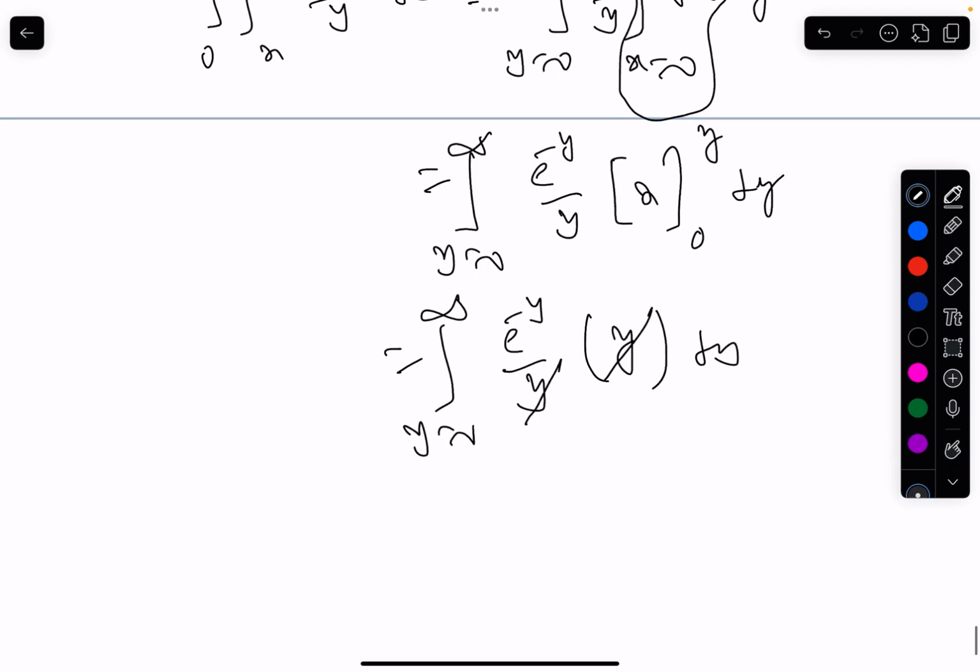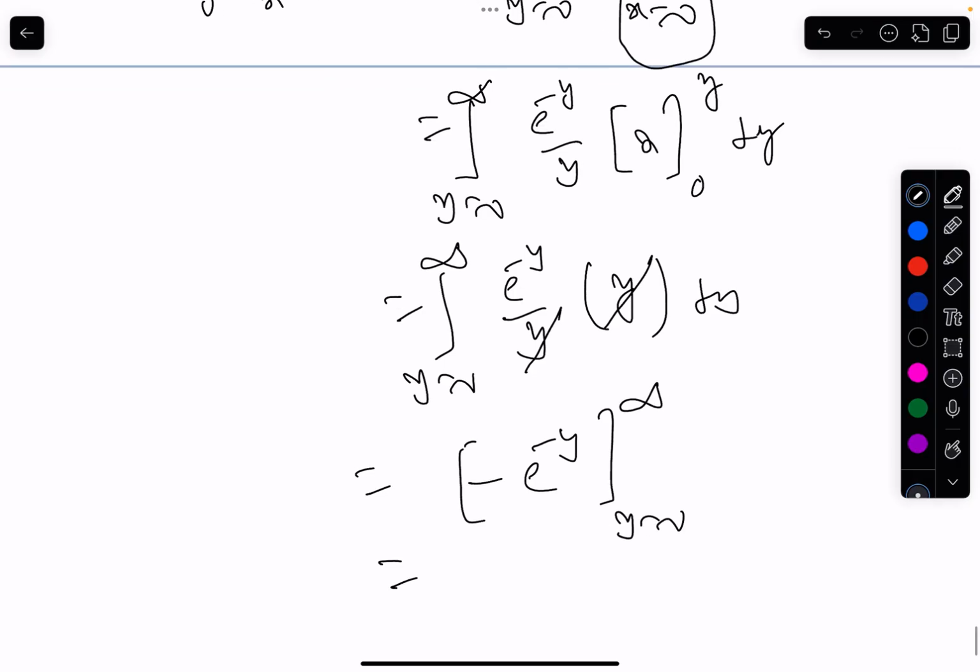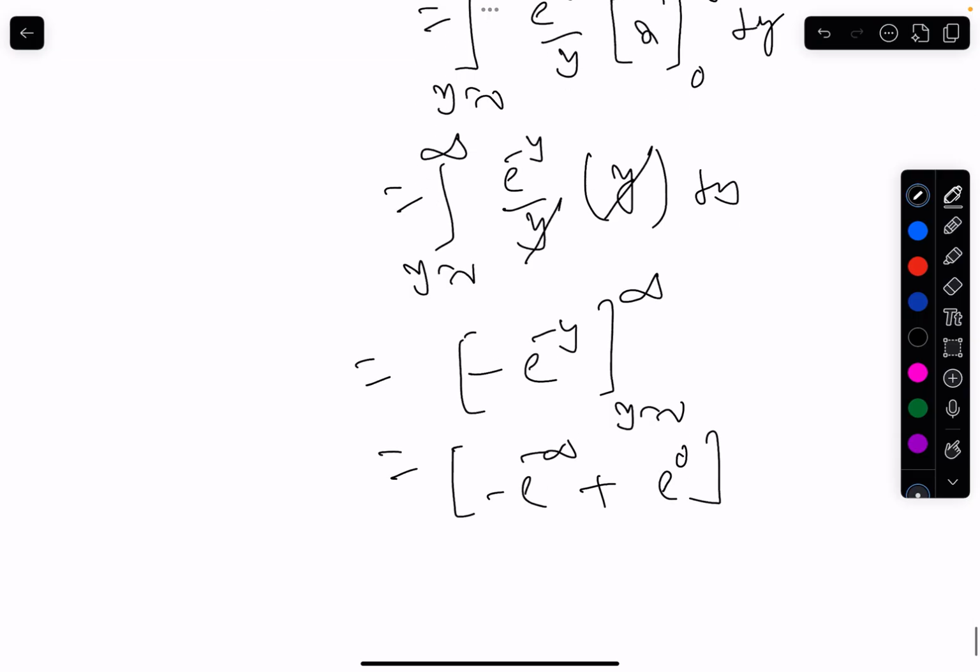And this cancels, and minus of e power minus y, y from 0 to infinity. This is e power minus infinity, minus plus e power 0. This is 0, e power minus infinity, and e power 0 is 1. So the answer is 1.